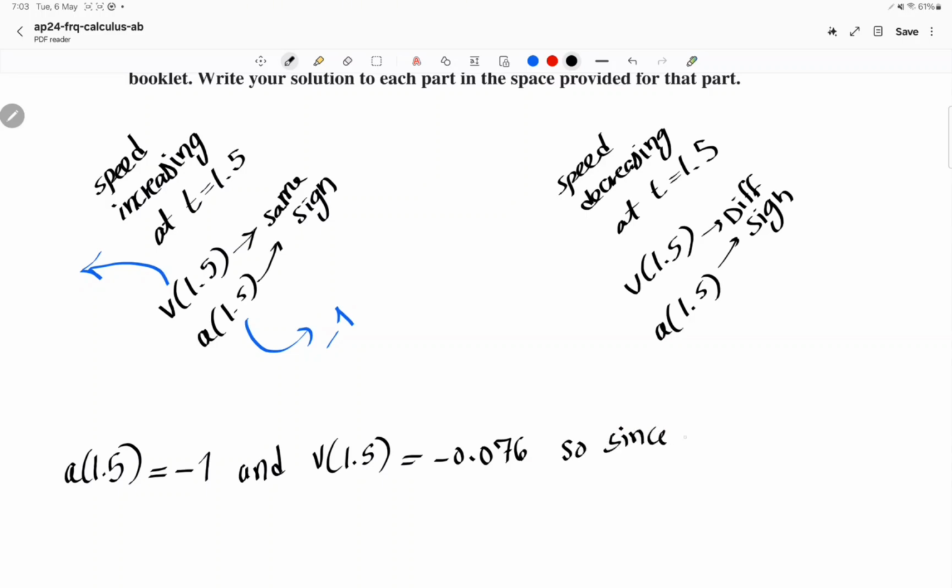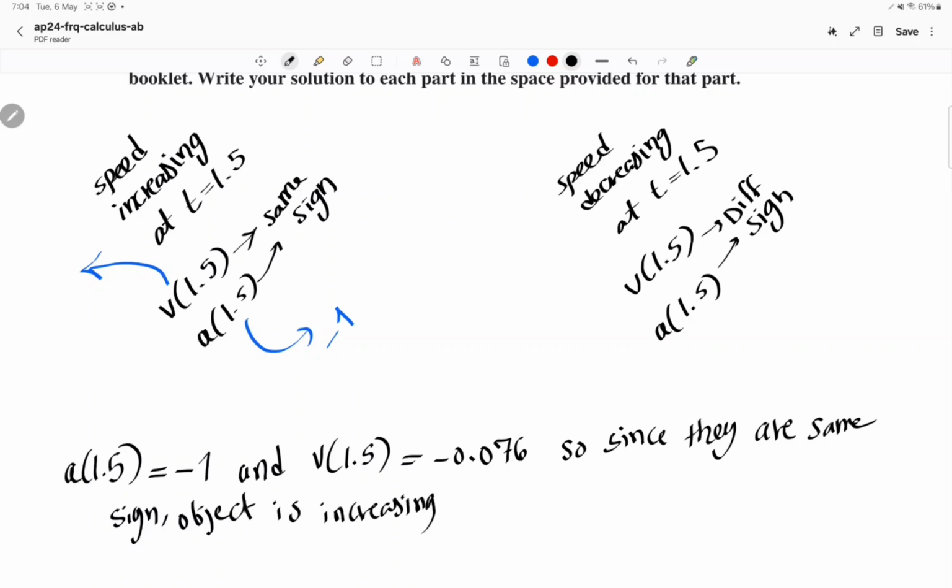So since they are the same sign, the object is increasing in speed. Okay, the object is what? Increasing in speed.